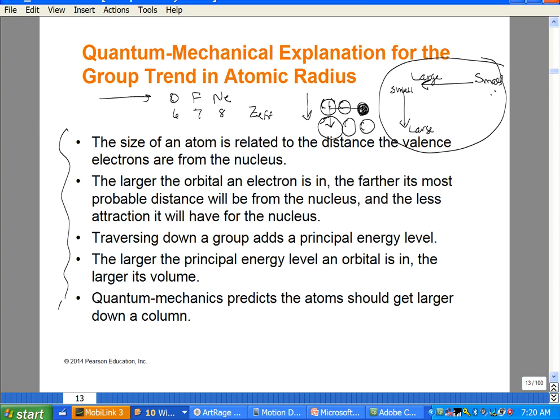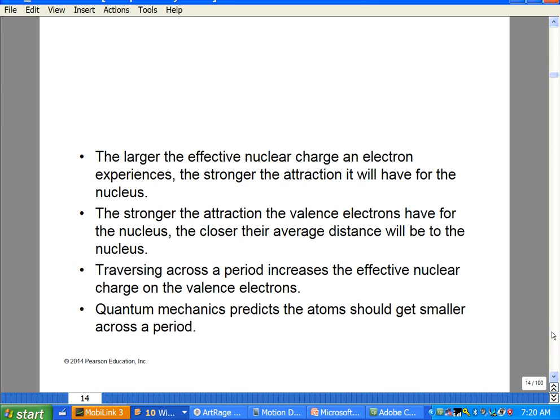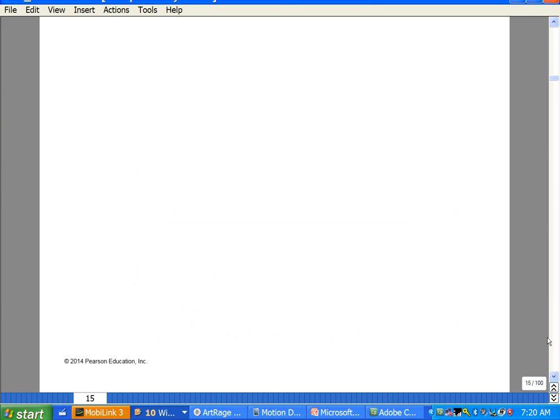And all of these things here are just more detailed explanations of what I just said, for the reasons why the electrons cause the atoms to be smaller or larger, depending on where they're located. Same for here, just a repeat of what I just said.